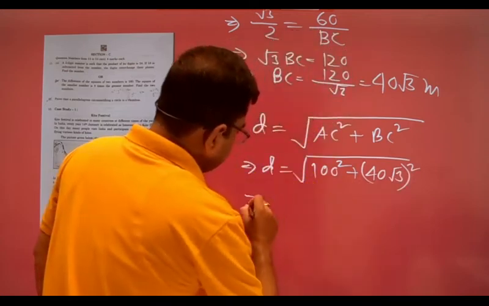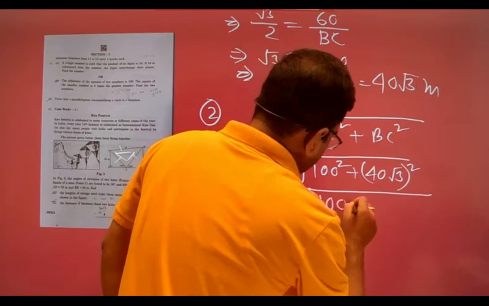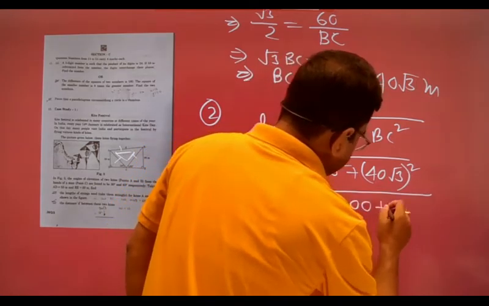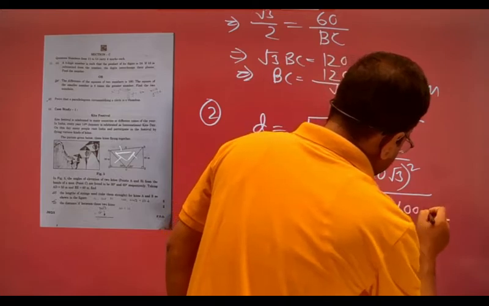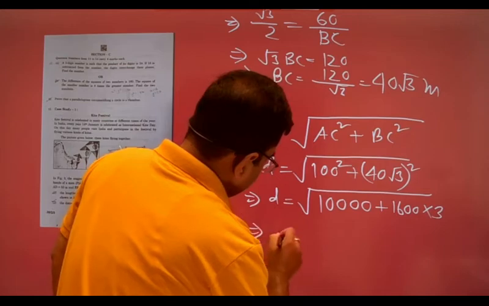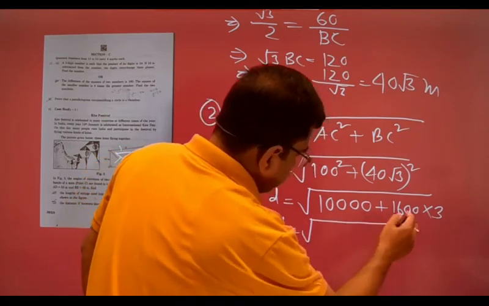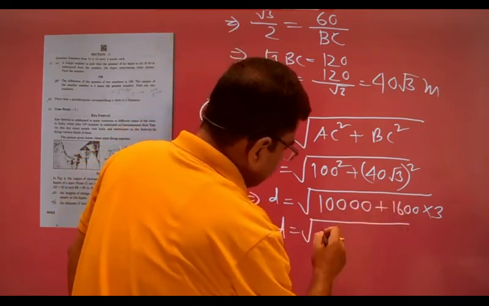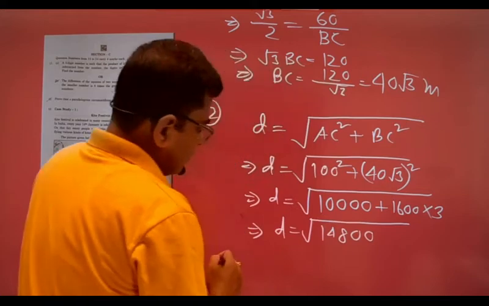So let us do the simplification. This is 10,000 plus 40 squared, which is 1600 into 3. So this is equal to how much? It is 4800, so that is 14800.